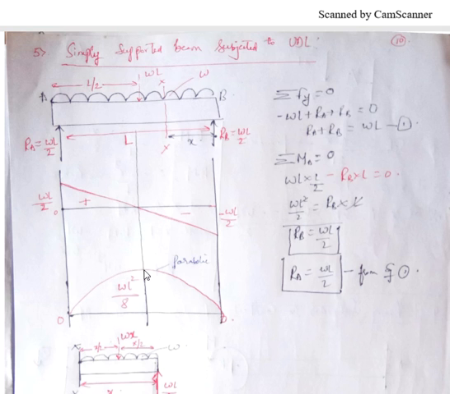From here we can draw the conclusion which we are going to use for solving problems. Whenever the shear force becomes 0, because this is a 0 line and at this point shear force is 0, bending moment will be maximum. Remember this point. Whenever the shear force is 0, bending moment will be maximum. This point we are going to use to solve the problems.